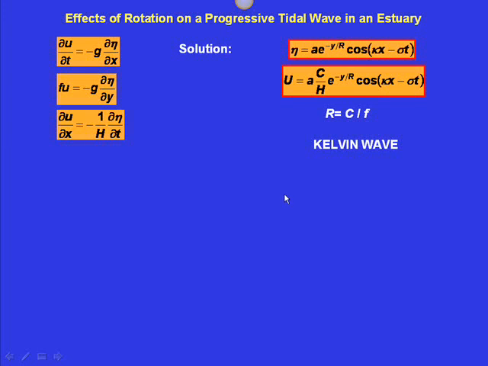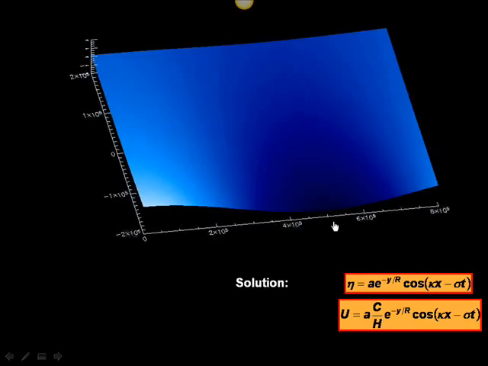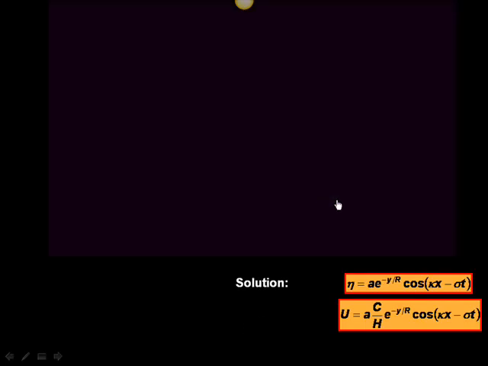Some of you have taken physical oceanography, maybe you talked about this, but I don't know if you did. And these are very beautiful waves. You see that? So you have a plane wave propagating along the coast with the largest elevation where?